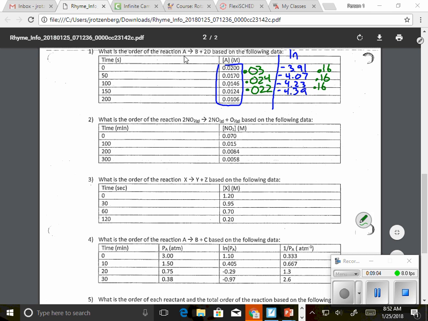That's 0.16. That seems pretty much the same value each time, which would mean linear change over time. And if that's linear change for natural log, this would be a first order reaction. If I were to write the rate law then, rate equals k times the concentration of A to the first power.